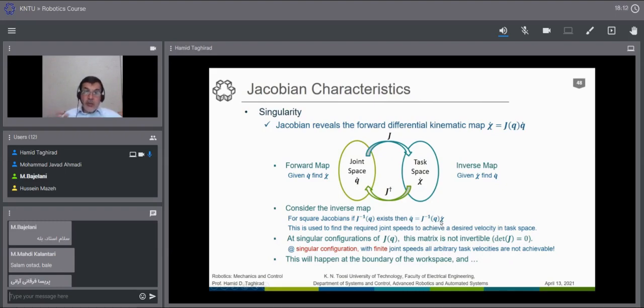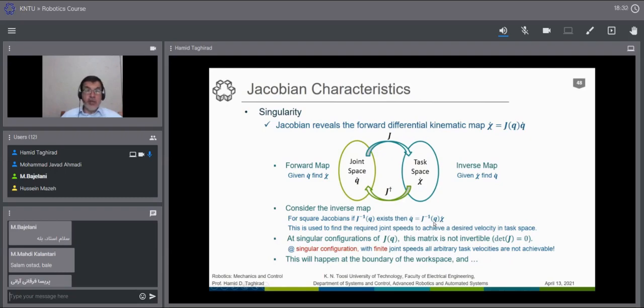There is a twofold way to represent that, to find the physical property of that. First of all, if the inverse is not available, we cannot get a certain velocity in the task space.